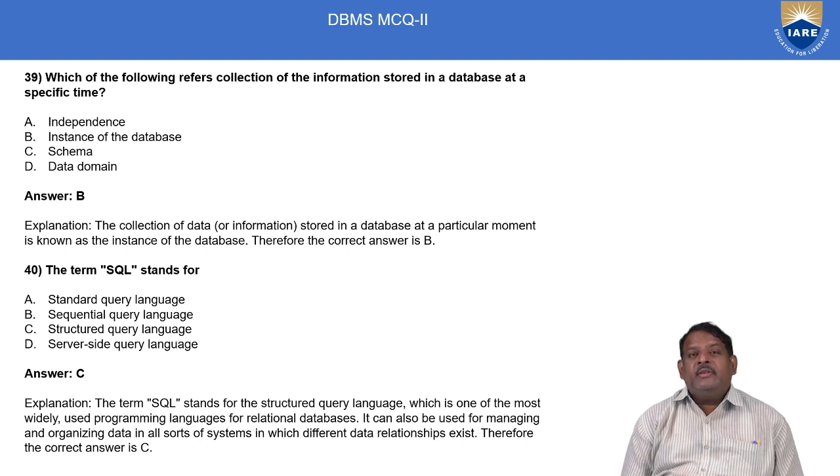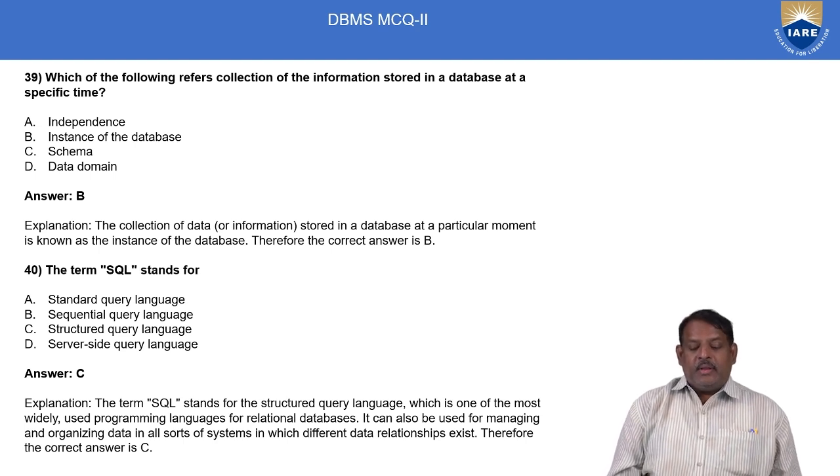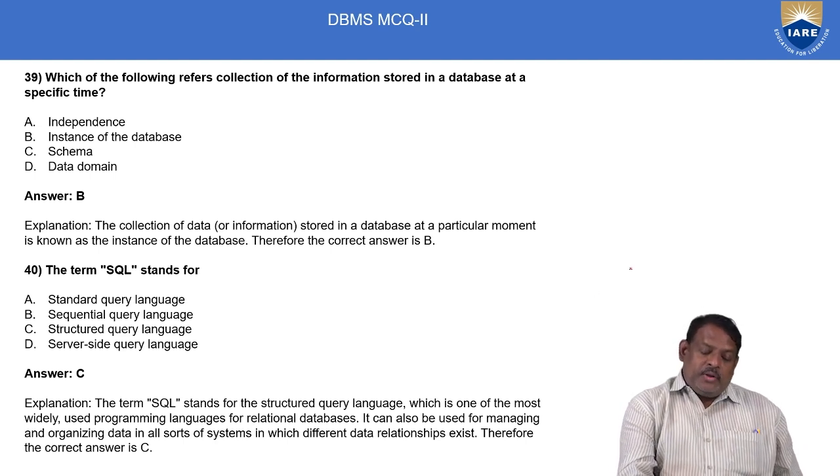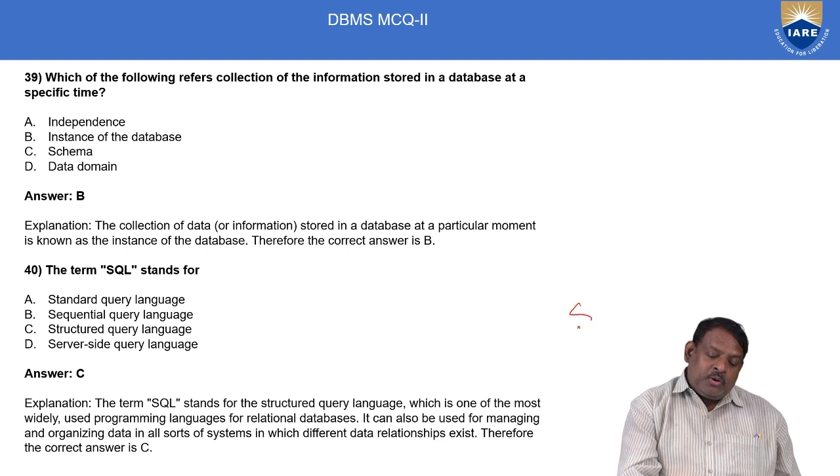The right answer is B. The collection of data stored in the database at a particular moment is known as an instance of the database. Suppose you have a database server, and it has a student database.